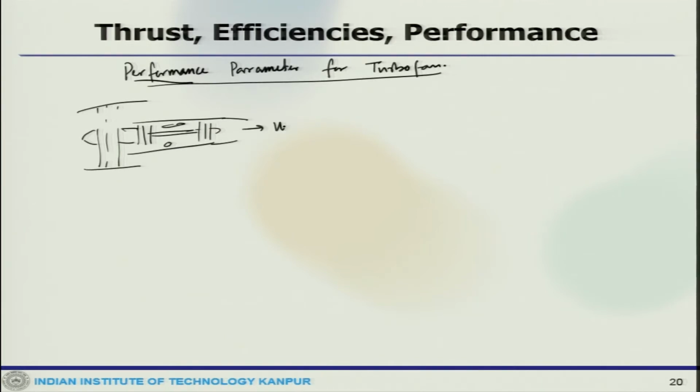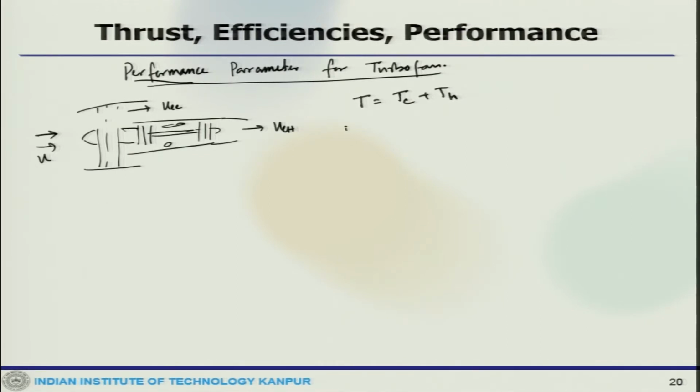So, these are hot exhaust, these are cold exhaust, this is U. So, there are two contributing factors, one is the cold thrust, other one is the hot thrust. They contribute to each other, and the total thrust is the component of the cold and the hot.